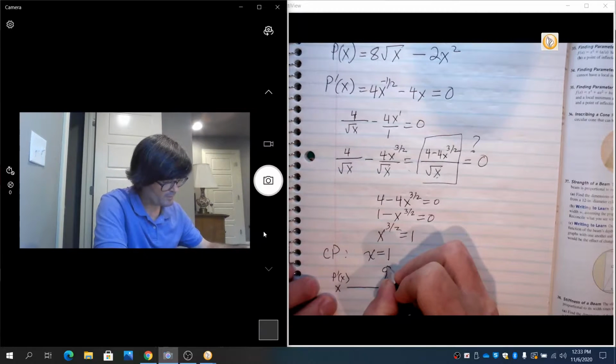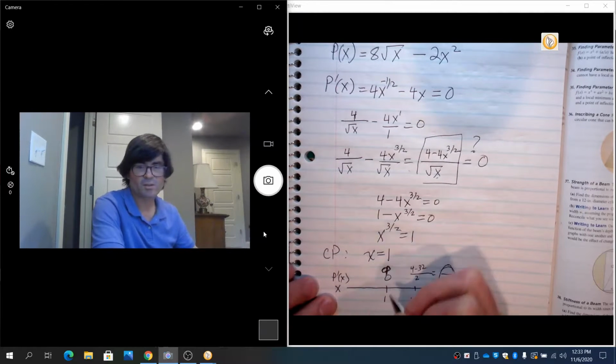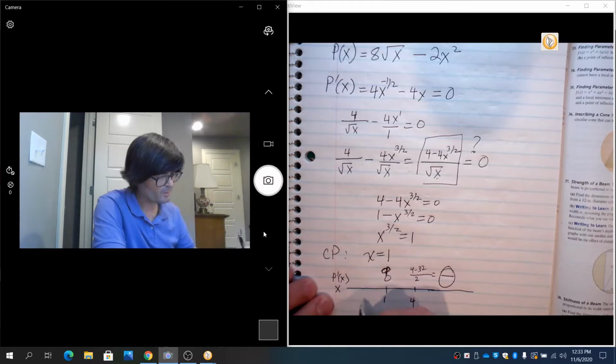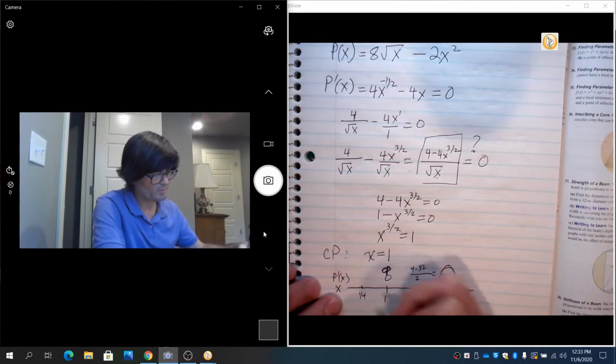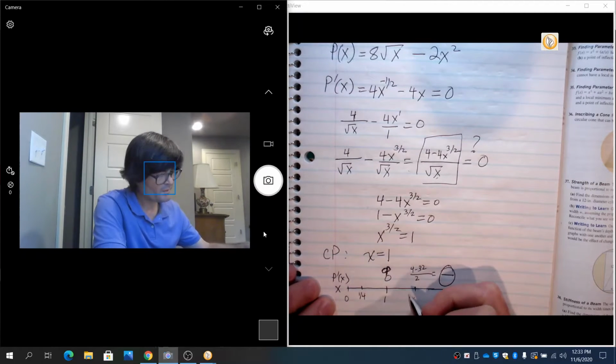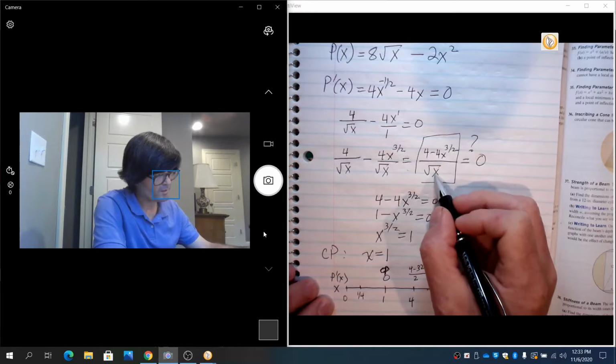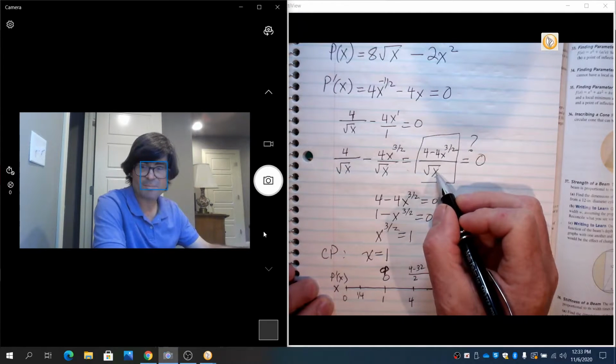That's a critical point right there. Critical point. If I picked a number below 1, how about we pick a quarter, because that's another number we can take a square root of. A quarter on the bottom, the square root is a half, that's positive.